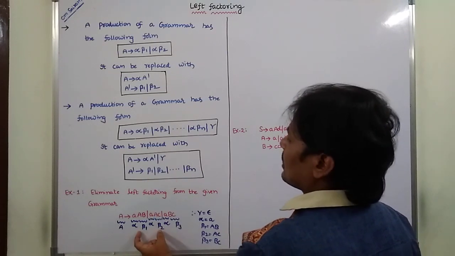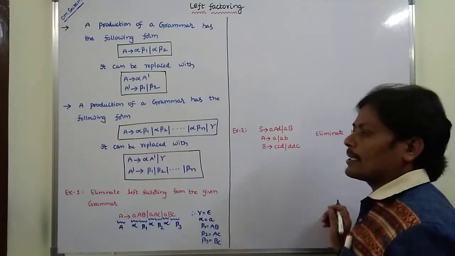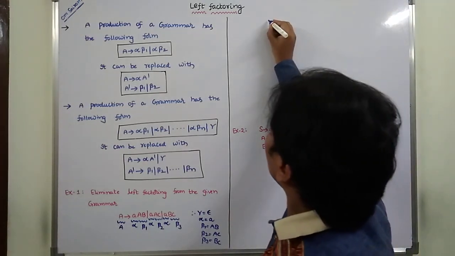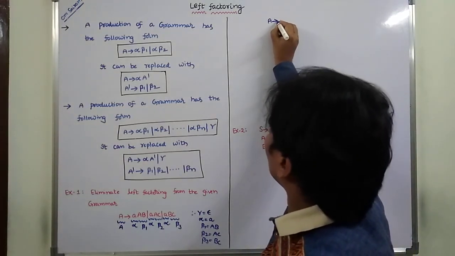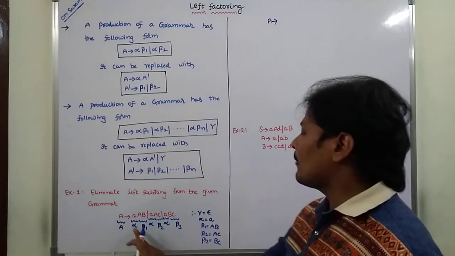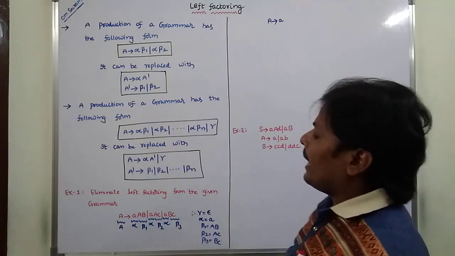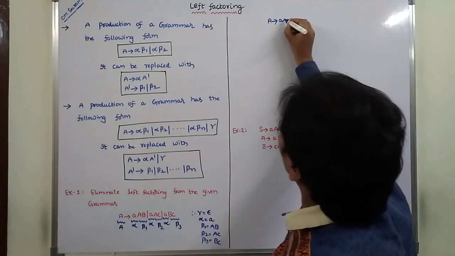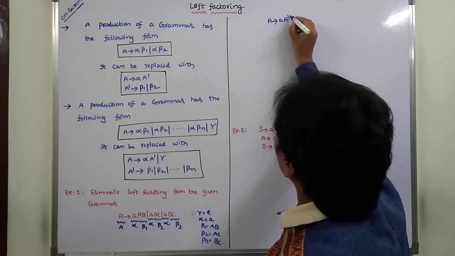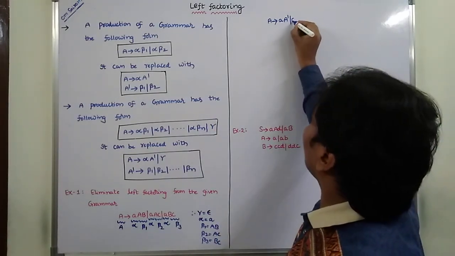Now this production can be replaced with these two productions. The first one is A tends to alpha A dash. Here alpha is nothing but small a. A dash is nothing but A dash slash gamma, where gamma is nothing but epsilon.